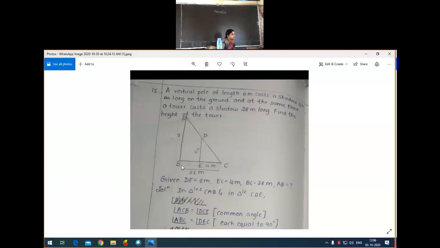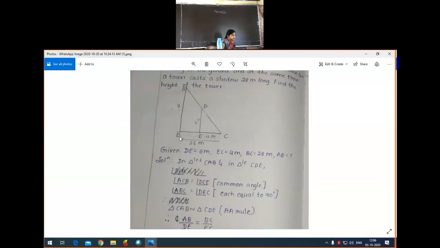Angle B is equal to angle E because both the tower and pole are on the same ground, standing in vertical position, in the sense 90 degrees. So this angle ABC is equal to angle DEC. Both are standing vertically on the same ground, so each forms 90 degrees on the ground.